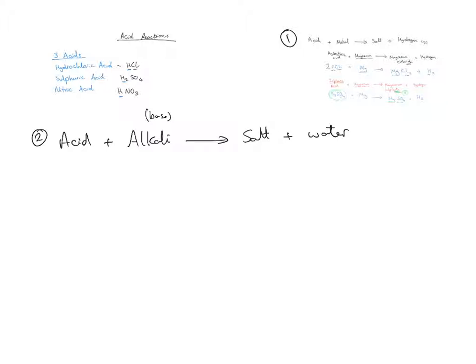Now, this type of reaction is actually called a neutralization because the salt will be neutral and the water is neutral as well. So you're actually starting with something with a pH less than 7, the acid, and a pH above 7, an alkali or base, and producing neutral products.